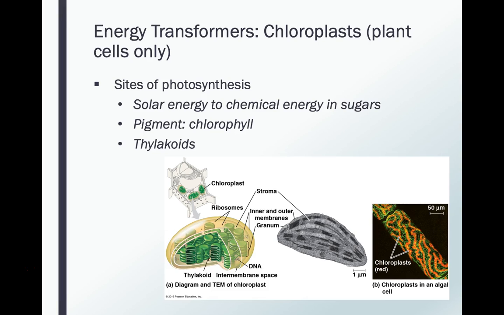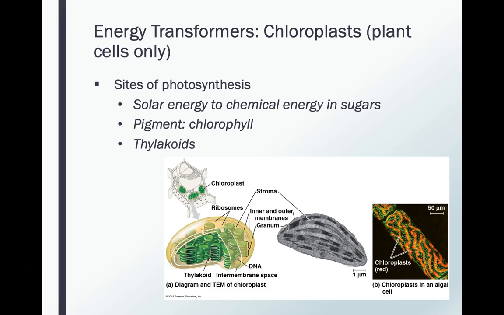So in the process of photosynthesis, we're converting solar energy into chemical energy in the form of sugars. Those sugars can then be broken down either in the plant cell, or those sugars can be ingested by other organisms when that animal eats the plant, and then the mitochondria in their cells will break down those sugars.